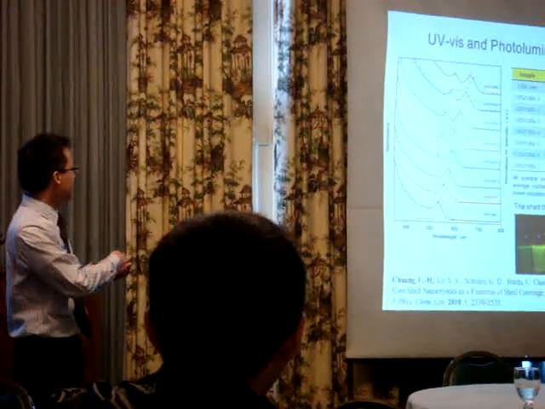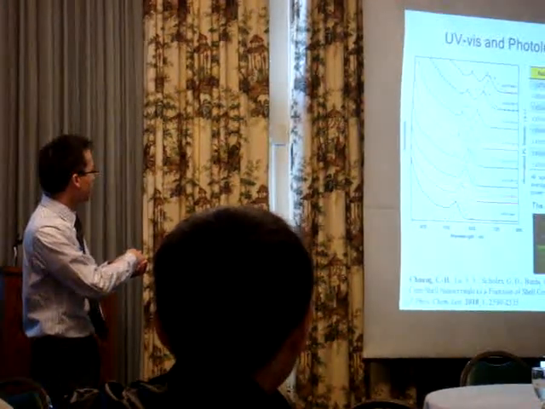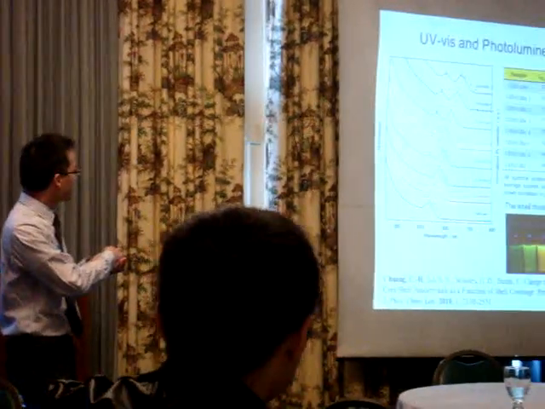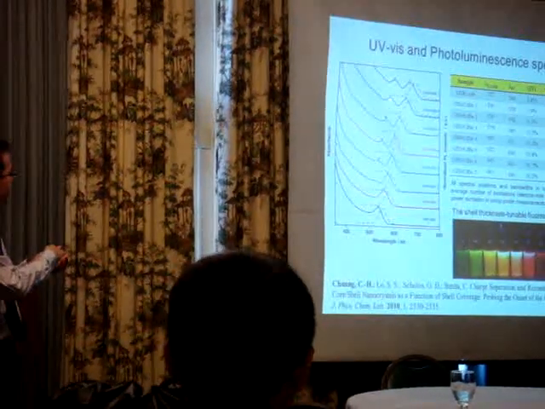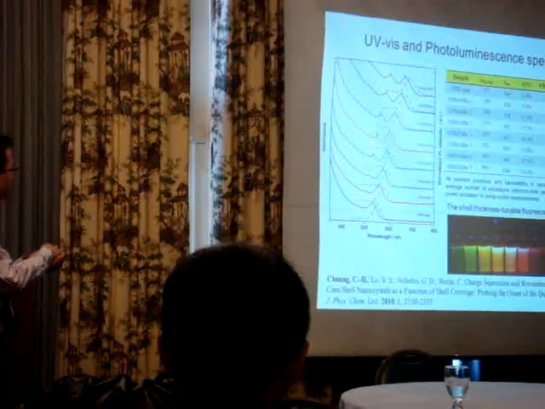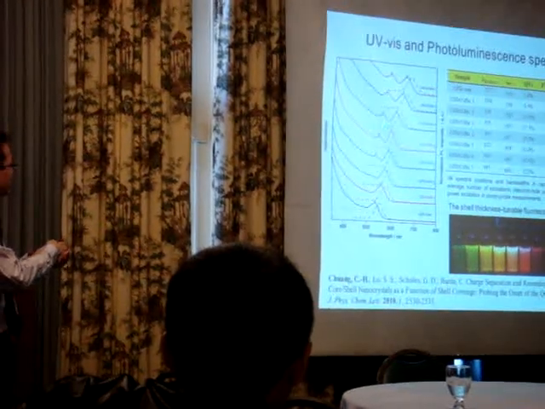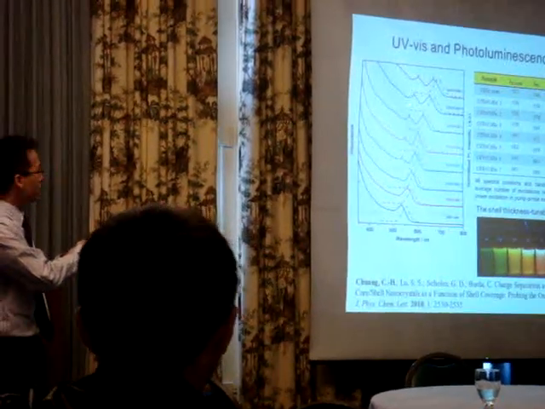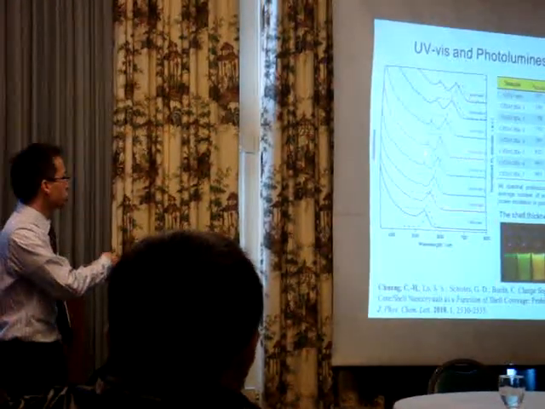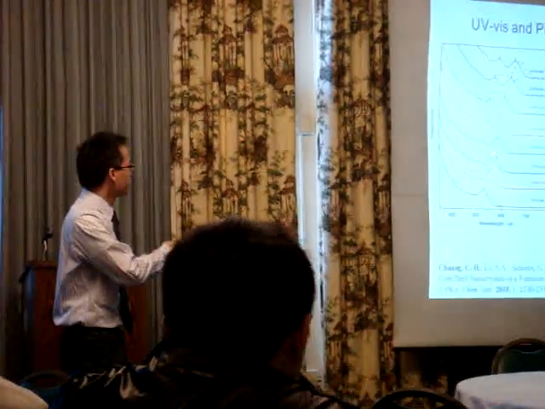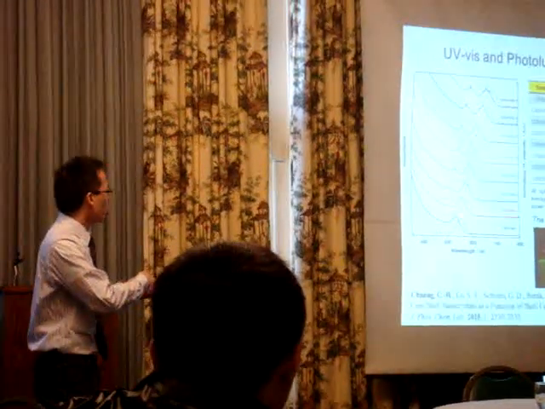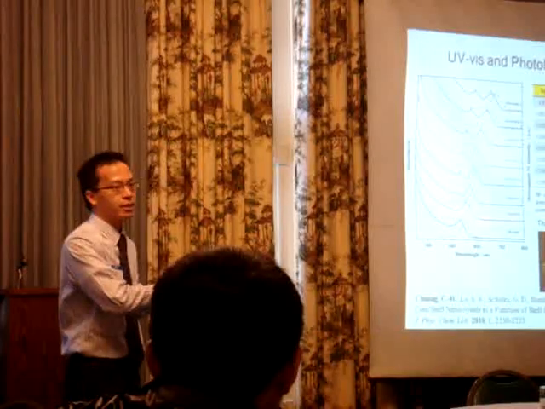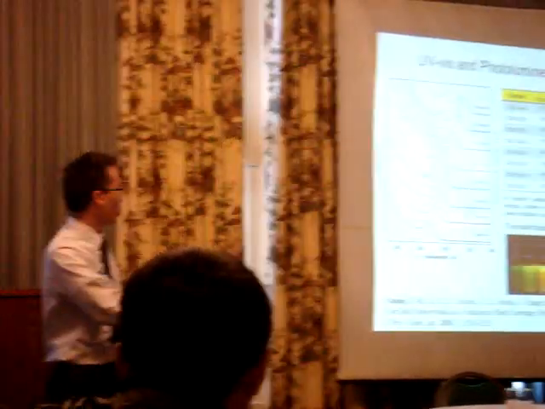As I deposit the shell, you can see this band, which is labeled by diamonds, becomes more prominent and stronger, and we assign this band as the shell state. And this band is the core state, which is a typical exciton absorption of our core.